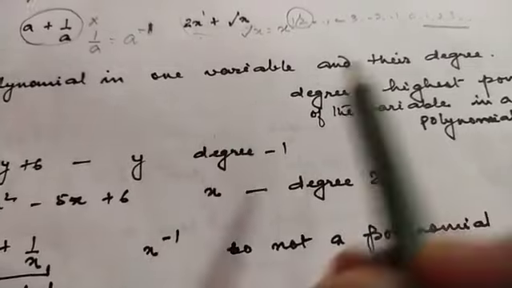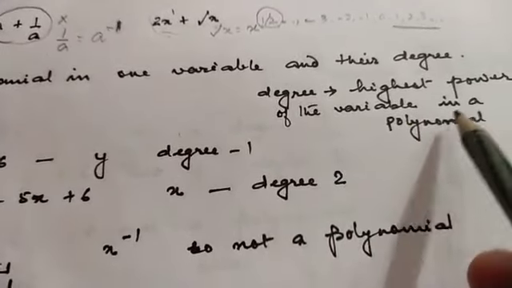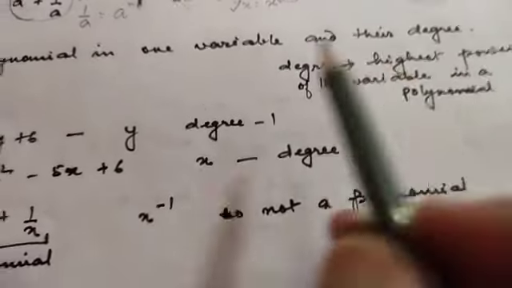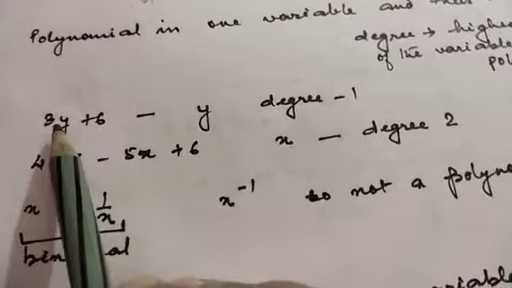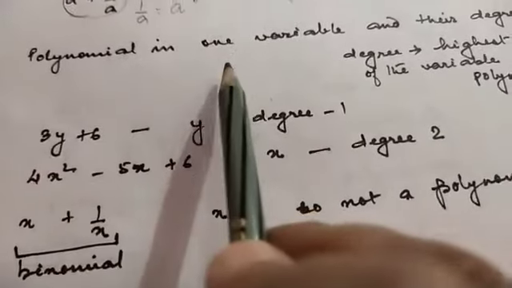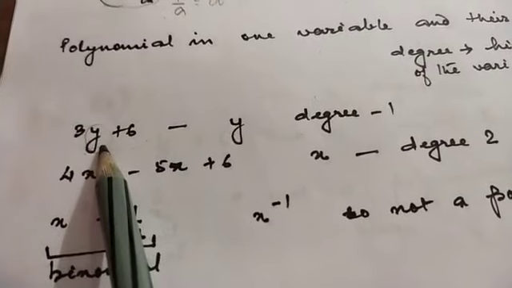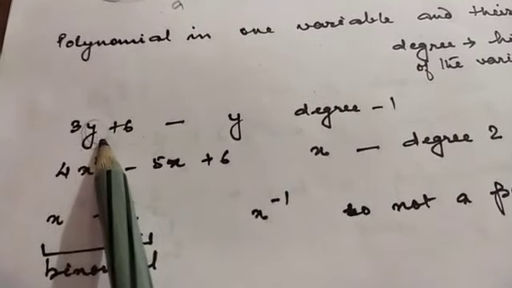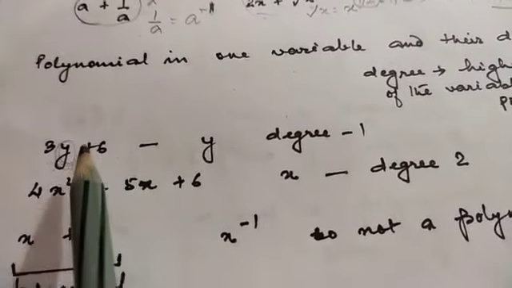And what is the degree? Degree is the highest power that the variable in the polynomial carries. Take for example 3y plus 6. It is a polynomial in one variable because the variable used over here is y.